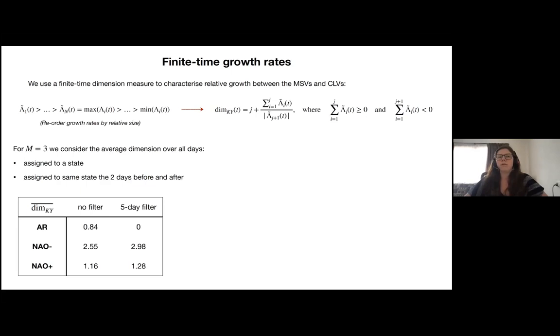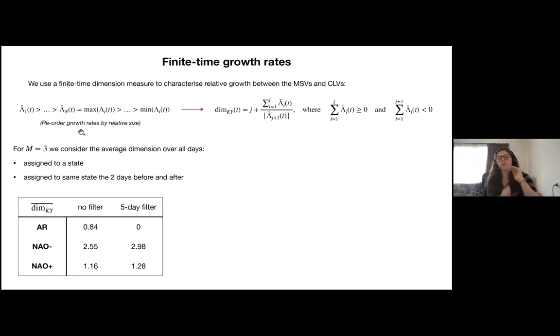So we use this finite time dimension measure, which we actually used in a previous study in data assimilation, to characterize the relative growth of the MSVs and CLVs, to get more or less a rough number of growing modes versus decaying modes. And this is a simple procedure where we just reorder those growth rates.